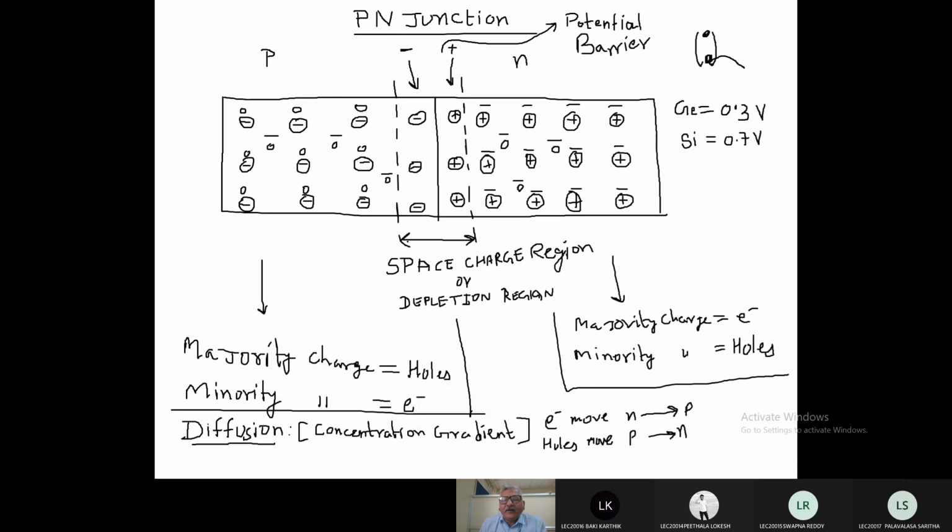At that time we discussed that when you connect P and N material together, due to the diffusion of the holes and the electrons, some electrons and holes will recombine and a small region will be formed where there are no free charge carriers, only immobile ions. That region is called the space charge region or depletion region.